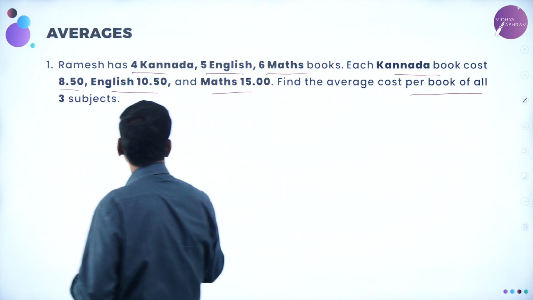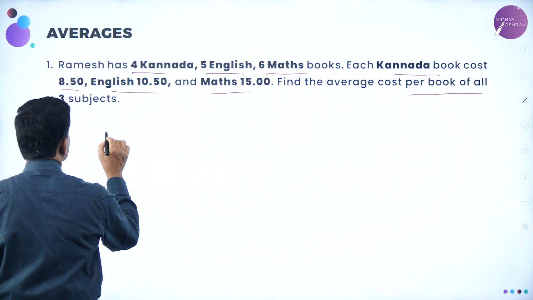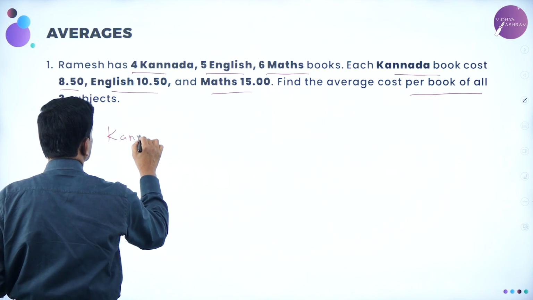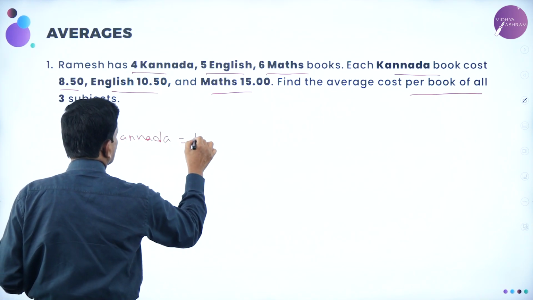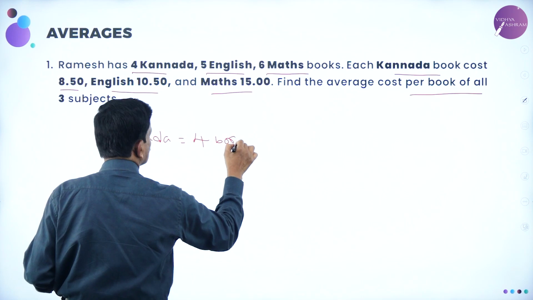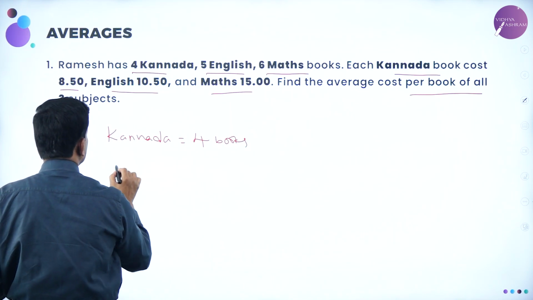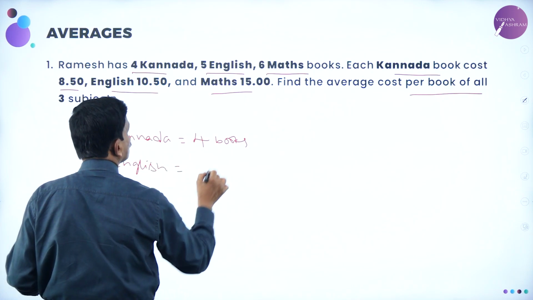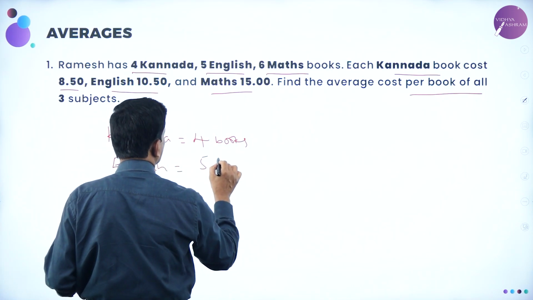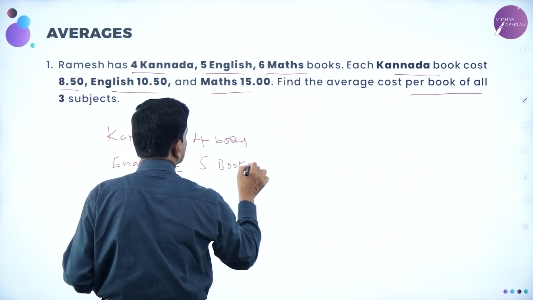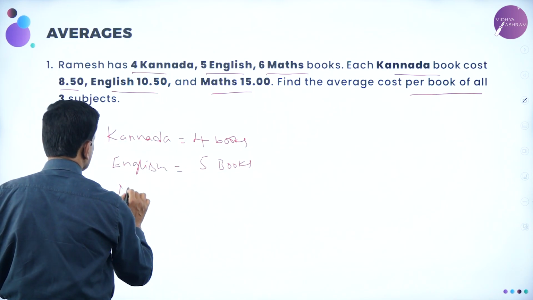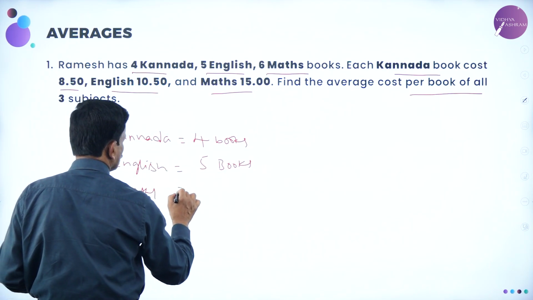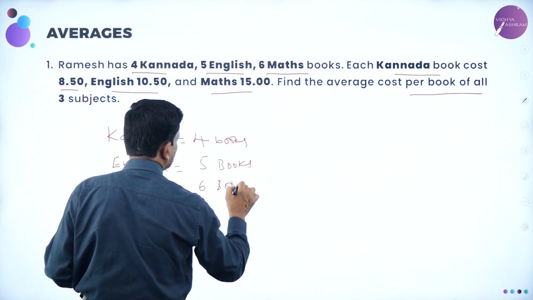So, what is the cost? He has how many Kannada books? 4 books, right? And then English, how many English books he has? He has 5 books. Then 6 maths books, 6 books, right?